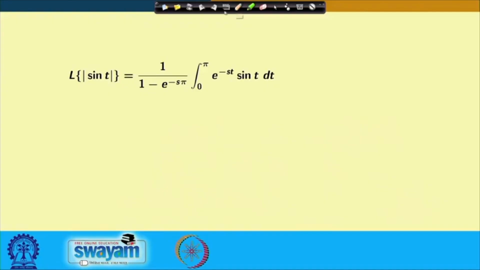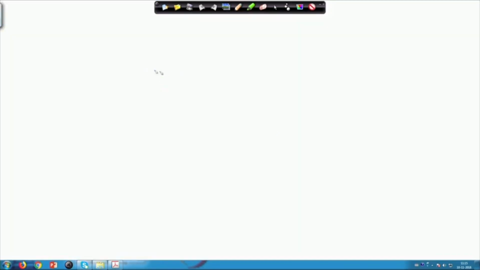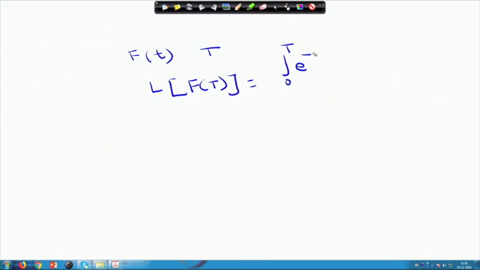If f(t) is a periodic function with period capital T, then the Laplace transform of f(t) is equal to the integral from 0 to capital T of e to the power minus s t f(t) dt, divided by 1 minus e to the power minus s into capital T.